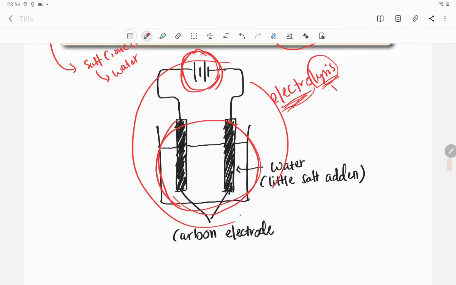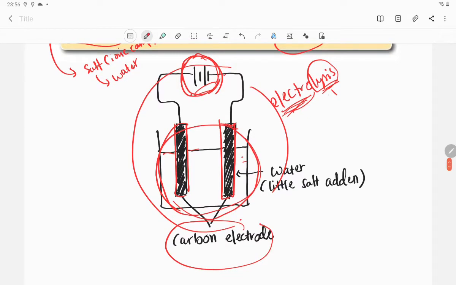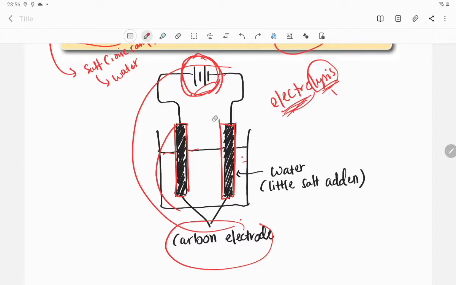For the electrolytic cell there is a battery, then there are electrodes. The electrode can be a carbon electrode or an electrode from other metals. And here we have the electrolyte. The electrodes must be immersed in the electrolyte. Try to remember what you learned before about electrolysis. I believe you have learned a few things about electrolysis, electrolysis of water.